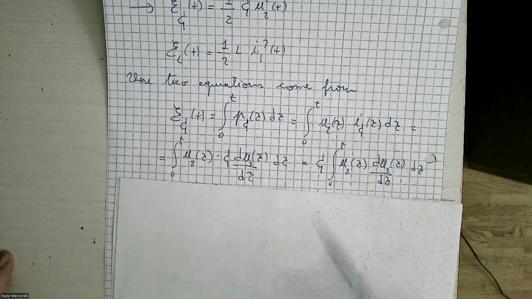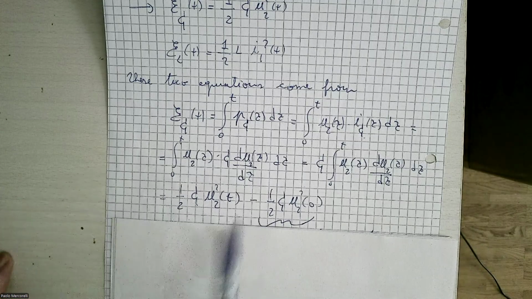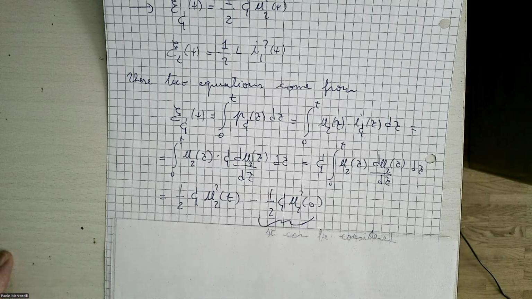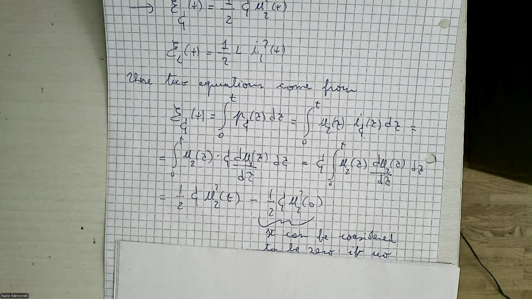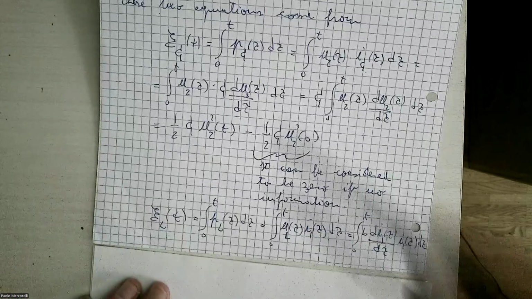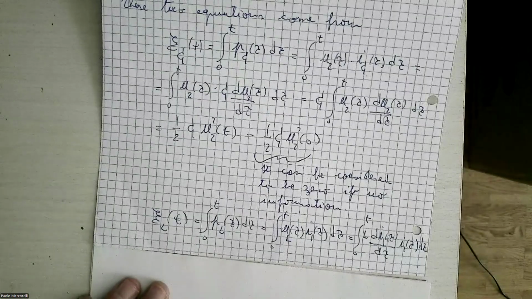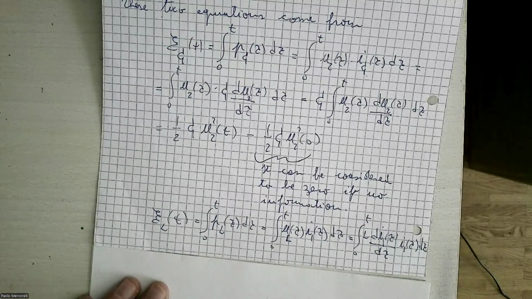And I don't know if you remember, the integral of a function multiplied by its derivative is this one: one half, C is a constant, U2 squared, the function squared, minus the initial condition, the energy at the beginning. You remember last time we saw this in the case of velocity and position. At time 0, when I start the simulation, when I start to monitor, when I start to control, this is 0.